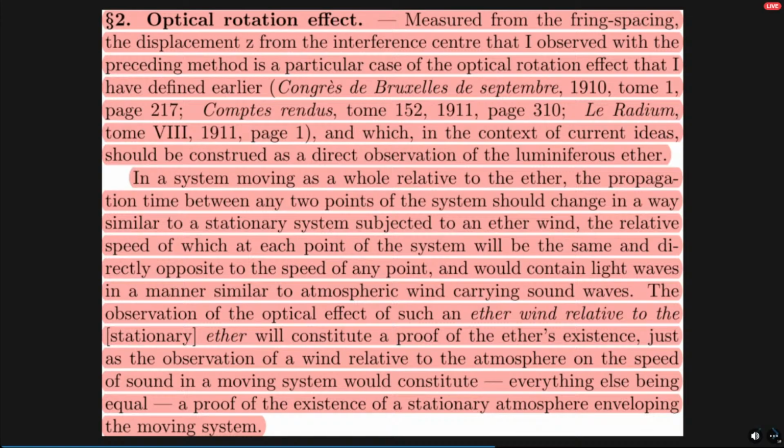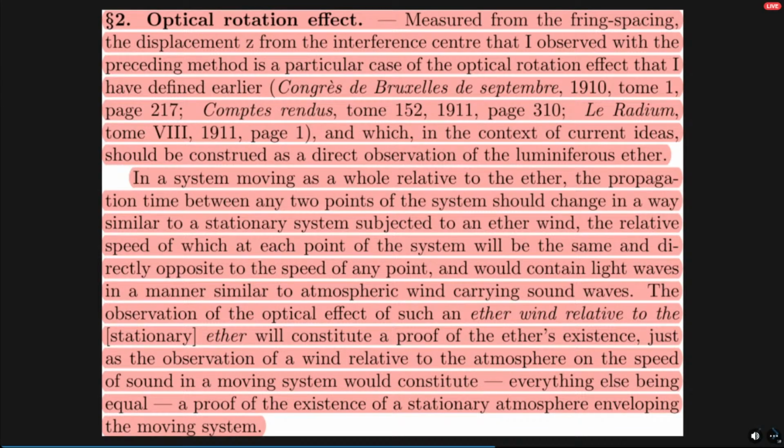In a system moving as a whole relative to the ether, the propagation times between any 2 points of the system should change in a way similar to a stationary system subjected to an ether wind, the relative speed of which at each point of the system will be the same and directly opposite, and would carry light waves in a manner similar to atmospheric wind carrying sound waves.